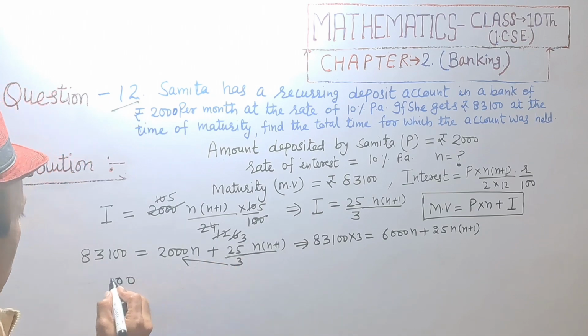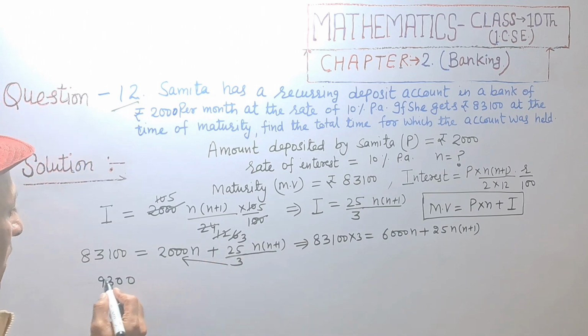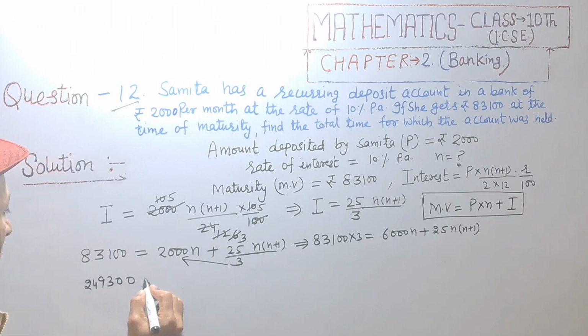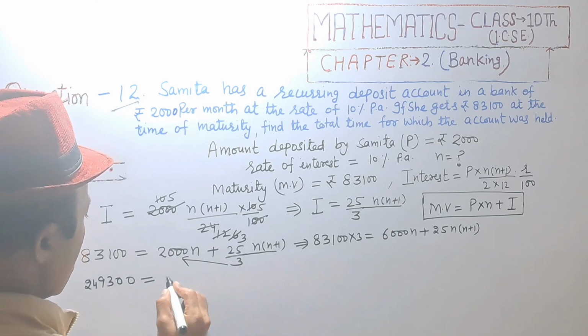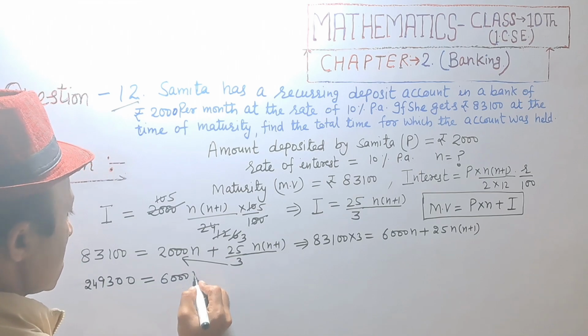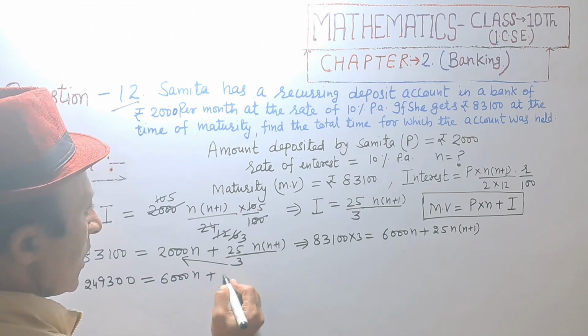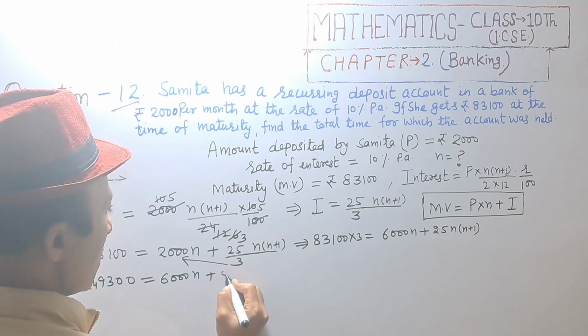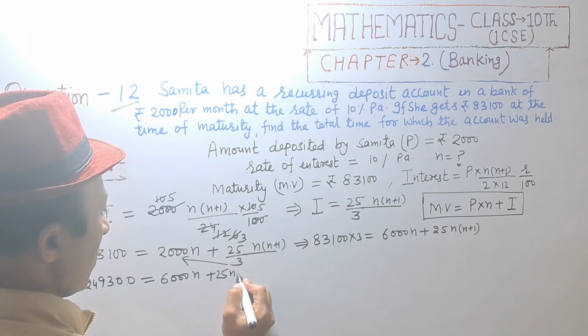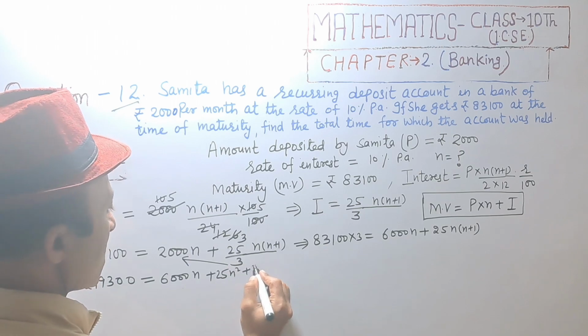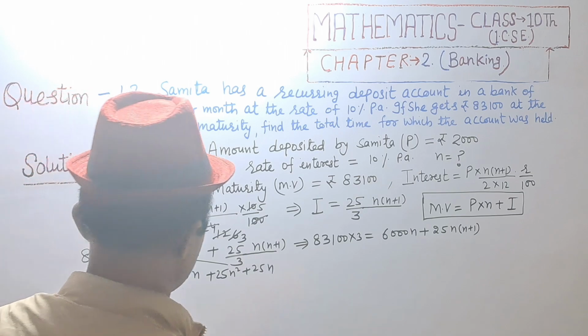3 threes are 9, 8 threes are 24, so 249300 is equal to 6000n plus 25n square plus 25n.